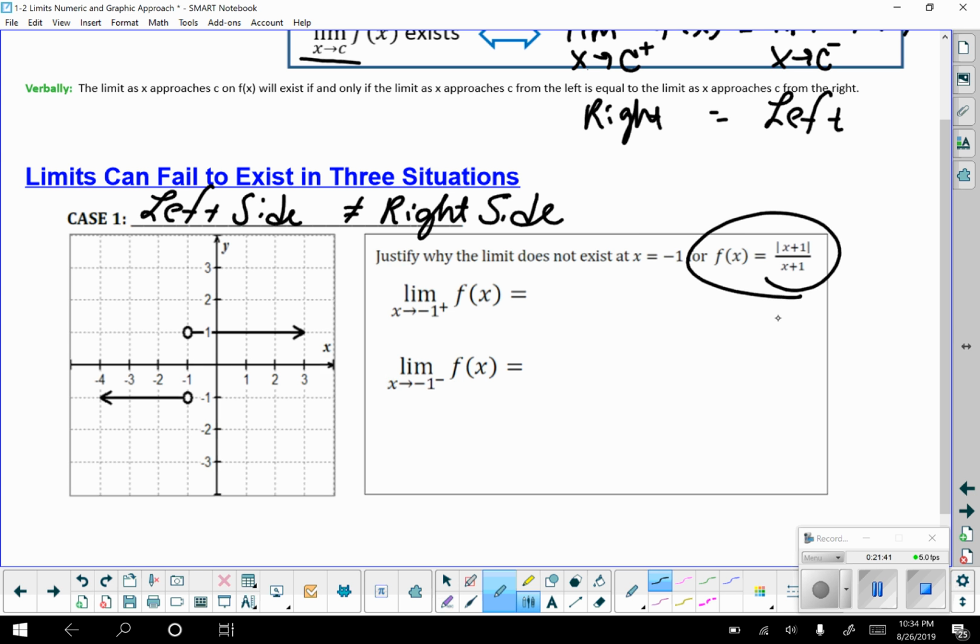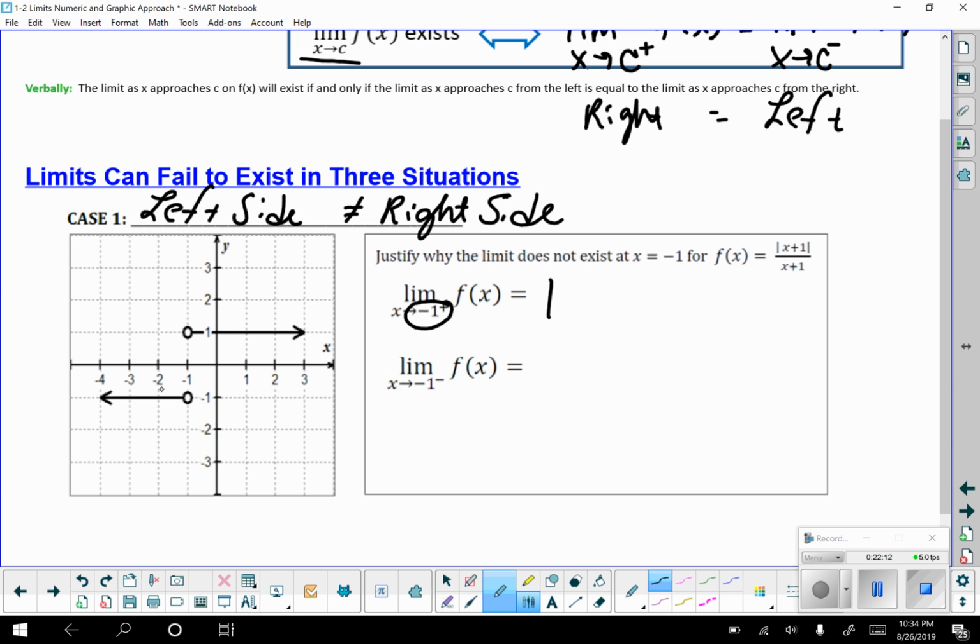This is the equation that we're working with. It is an absolute value function divided by x plus 1, and it will graph out in these 2 linear horizontal lines split at x equals -1. From the right side of -1, when I'm on the right-hand side, because I want to be bigger than -1, it looks like my height is 1, doesn't it? I can see the height right here coming in at 1.